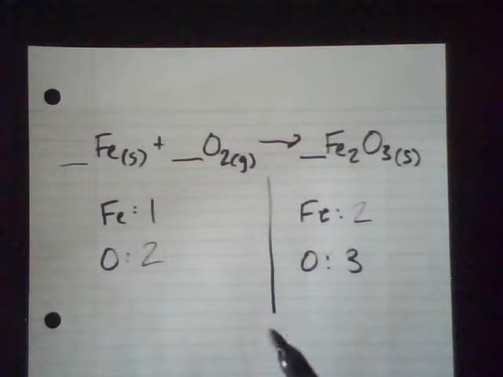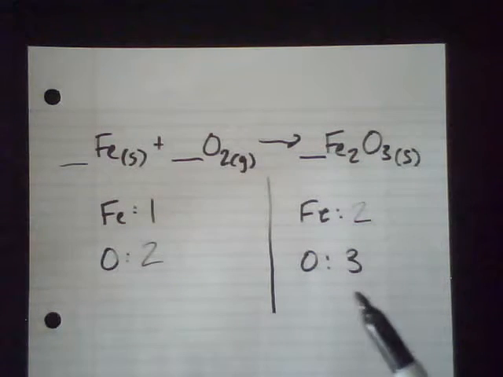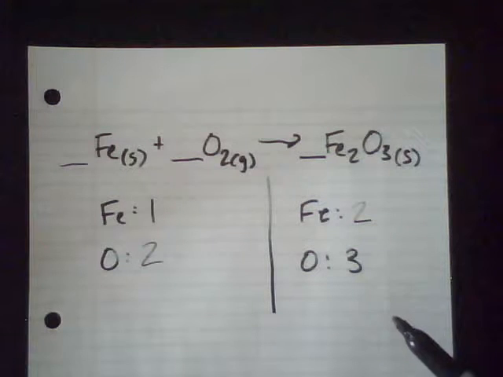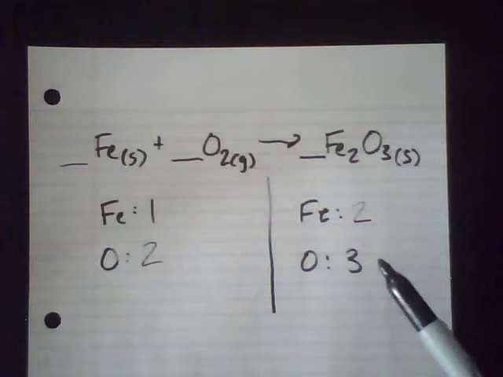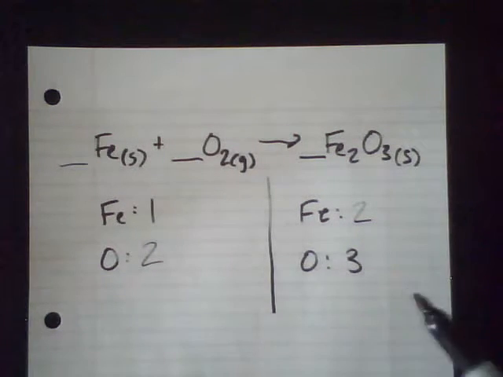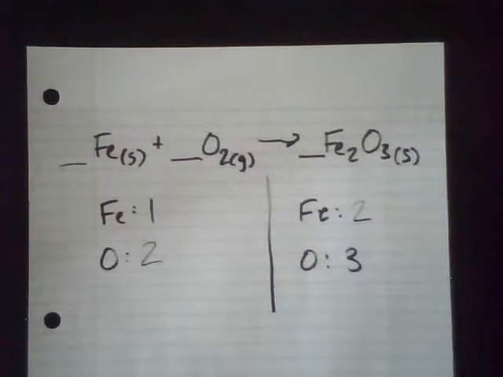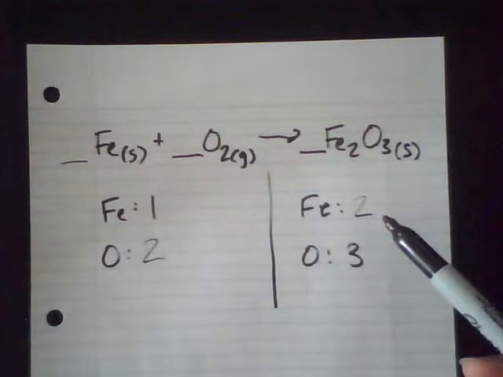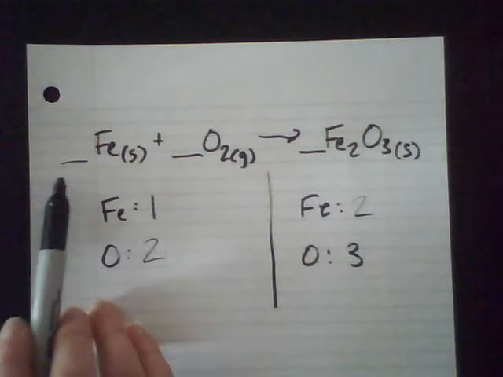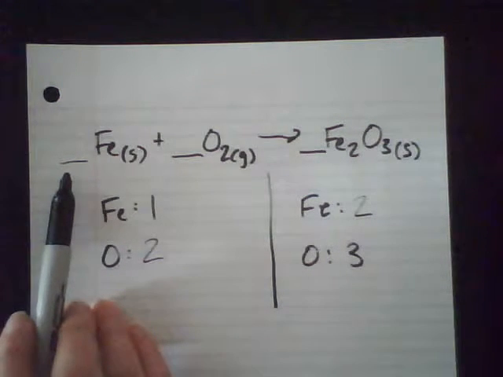So when I'm looking at these guys and I'm trying to figure out where to start, I have problems on both sides, right? I have 1 iron here, 2 irons here, I have 2 oxygens here, 3 here. Now you might be tempted to say, well, what if I put 2 in front of my iron? And that's not necessarily a bad thing.